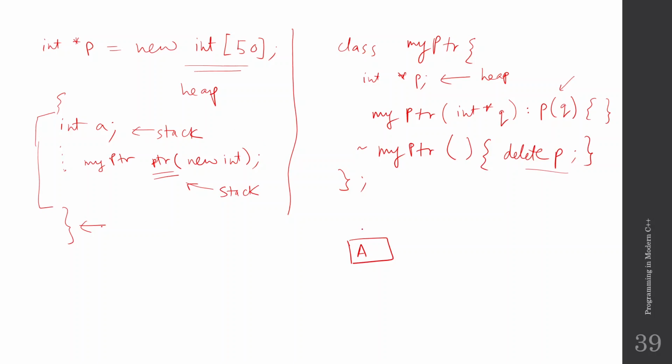So suppose there is an object and nothing is pointing to it. There is no reference to the object. Then the smart pointer will free up this object.